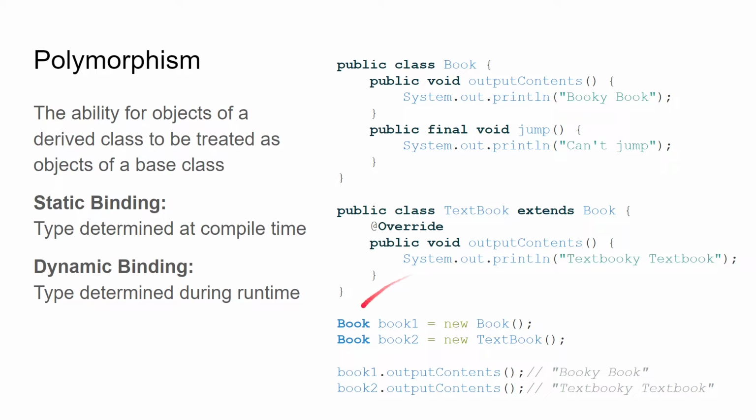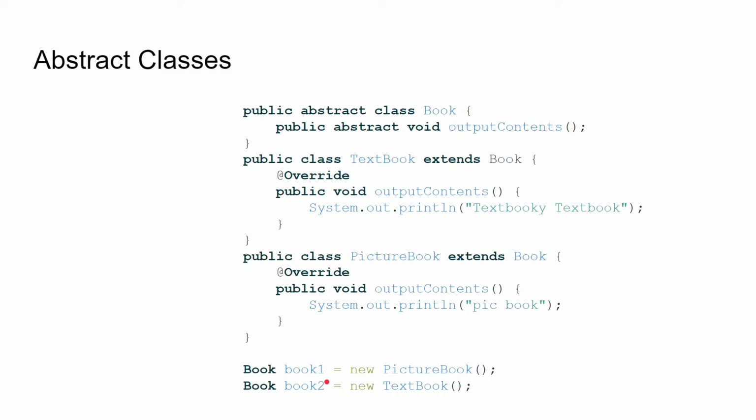So if we declare a book and initialize it to a book, and declare another book and initialize it to a textbook, as you can see, we get different outputs for different ones of these, even though they've both been declared as book. This is an example of dynamic binding, since the book is treated temporarily as a textbook over here.